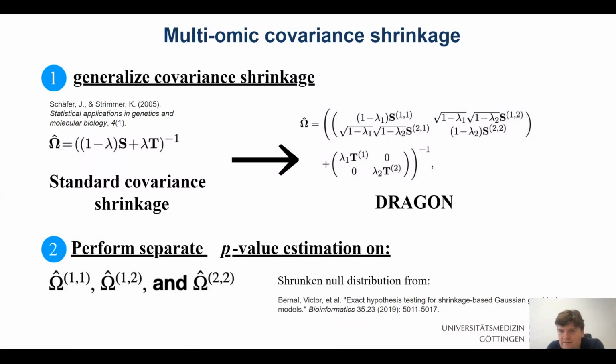And then the second one is here by Bernal et al., where corresponding null distributions were stated. Null distributions are something we need to estimate p-values. And those two methods we combine to a multi-omic setting. And that's basically what DRAGON is, and written in formulas, it's shown here in the upper right corner and comprehensively shown in the preprint, which I just mentioned before.